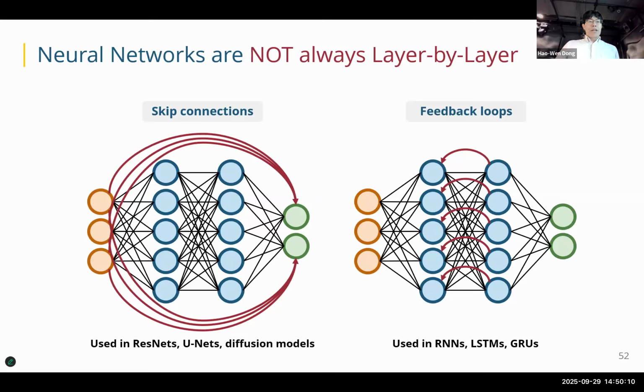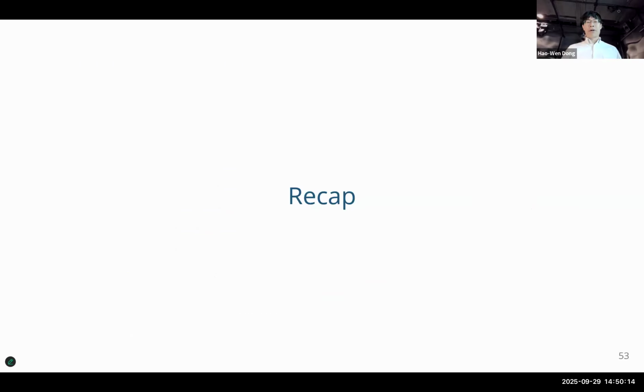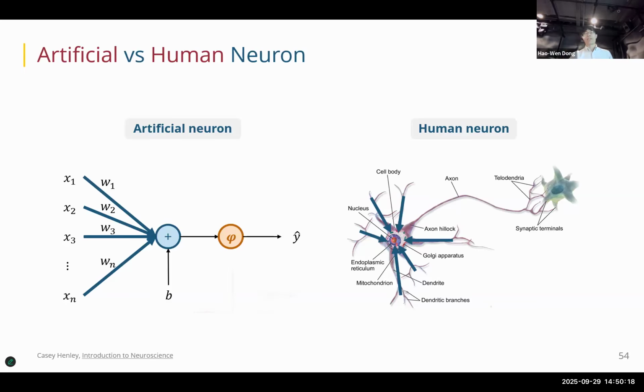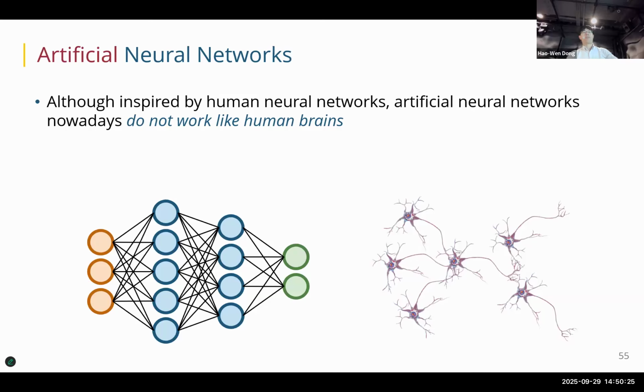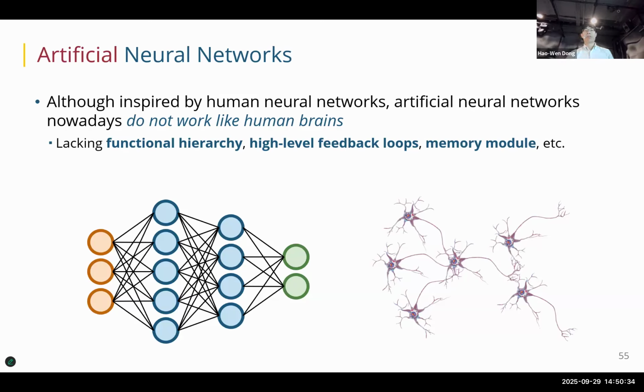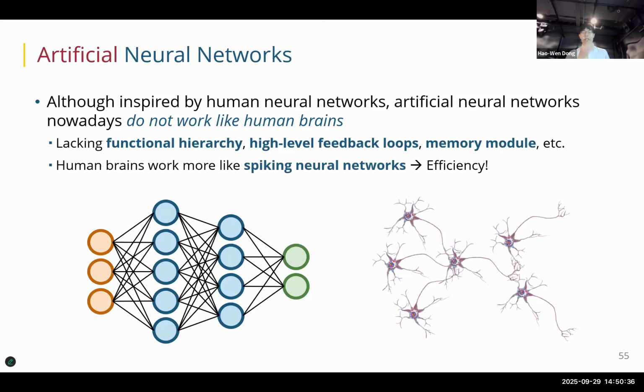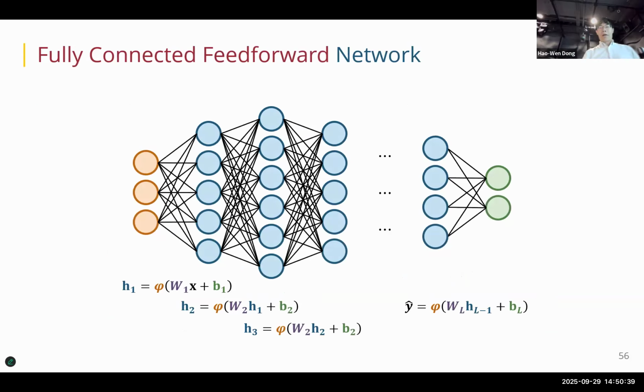Cool. So I guess we covered most of the fundamental parts of deep learning. We talked about the difference between artificial neurons and human neurons, similar and different in some sense. We talked about how we can combine a bunch of neurons into artificial neural networks that don't actually work like human brains, but hopefully are good enough. And we looked at all the math, but math is not the most important part.